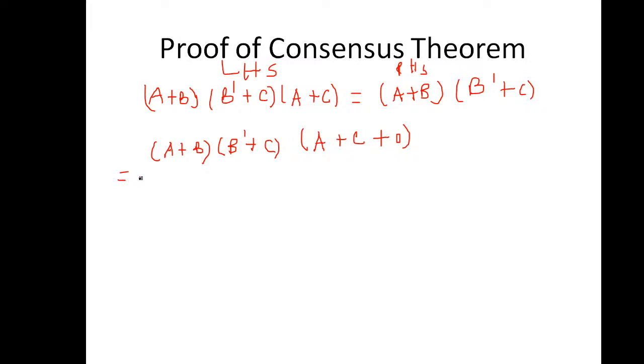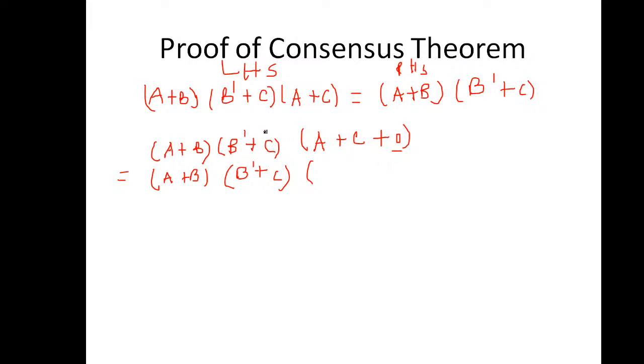Now what I am doing here, I am writing the first two terms as they are, A plus B, and you have this B bar plus C. And I am replacing this 0 by the missing term. The missing term is basically B into B bar. So what I am doing now, I am just proving the consensus theorem.